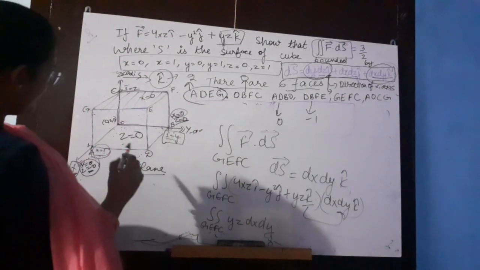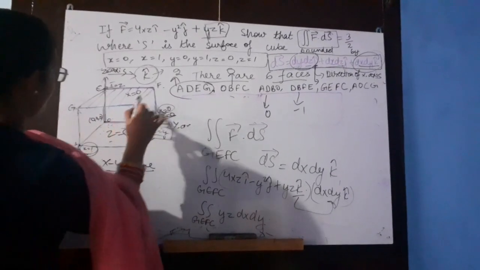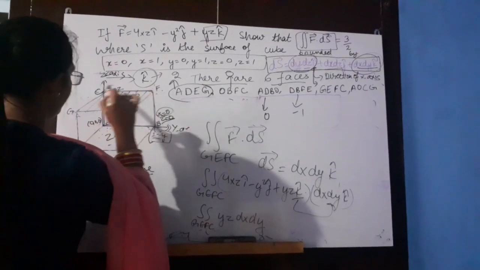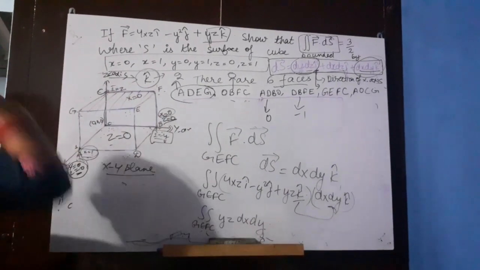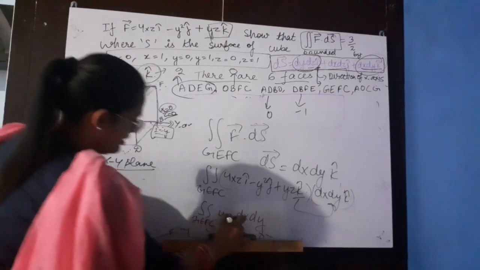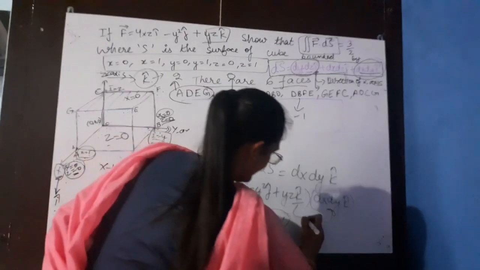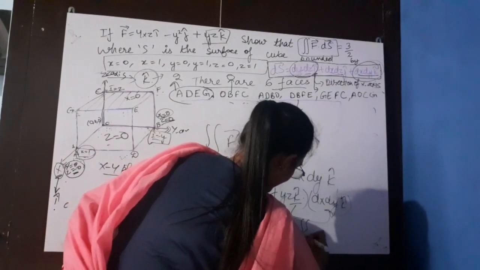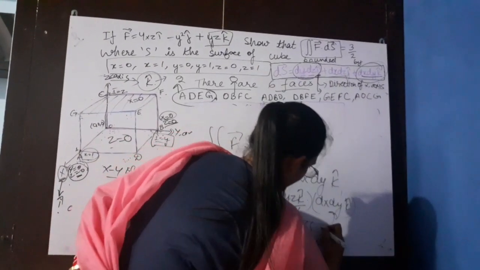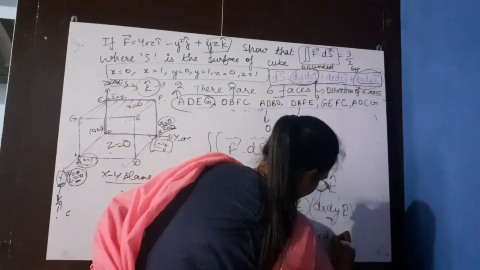In the face GEFC, at point C our z is equal to 1. So we put z equals 1 here, and we get the integral of y dx dy.